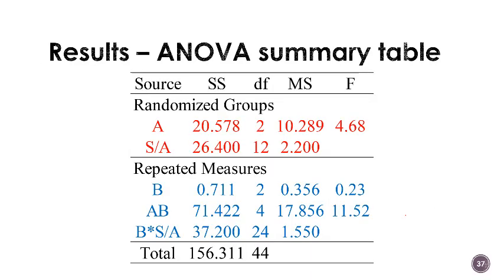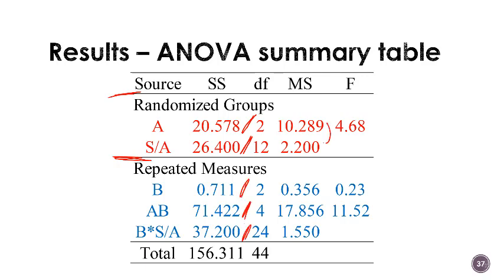Once we get our results, we put them in a similar sort of table. We just tend to group them differently, so we tend to keep the randomized and repeated measures separate. For everything, we're going to be dividing this way to get our mean squares. That doesn't change.